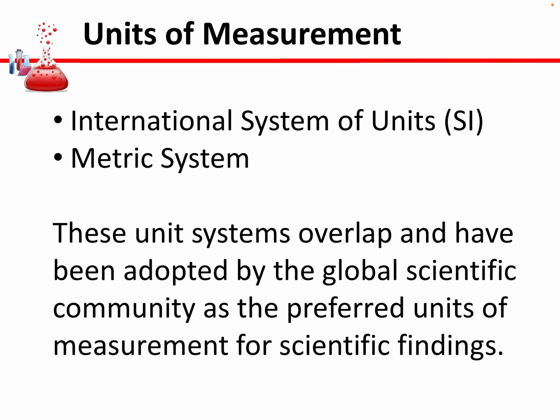So in science, we use the International System of Units for our measurements. This is a global agreed upon system so that we can share information from one country to another. It relies heavily on the metric system as well.